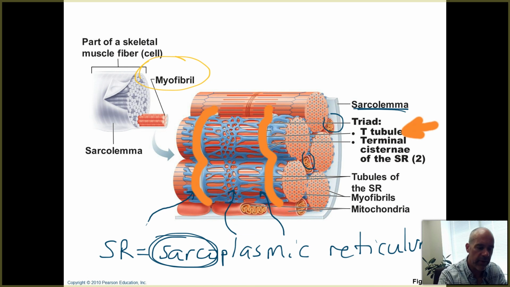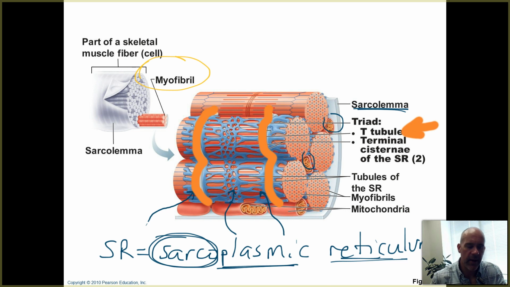They run across, or perpendicular to, the sarcoplasmic reticulum compartments. These are membrane-covered compartments, and one of their main functions is going to be storage of calcium ions, as we'll see as we move through the units.